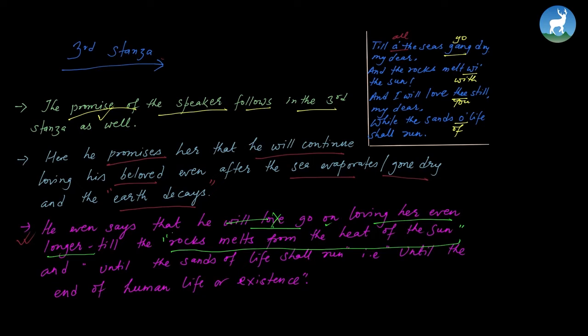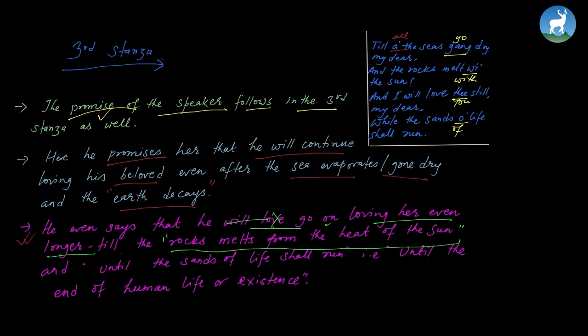He's portraying that deep love, saying, I will love you till the rocks melt with the sun, and the earth decays, or seas go dry, oceans evaporate. I will love you till then.